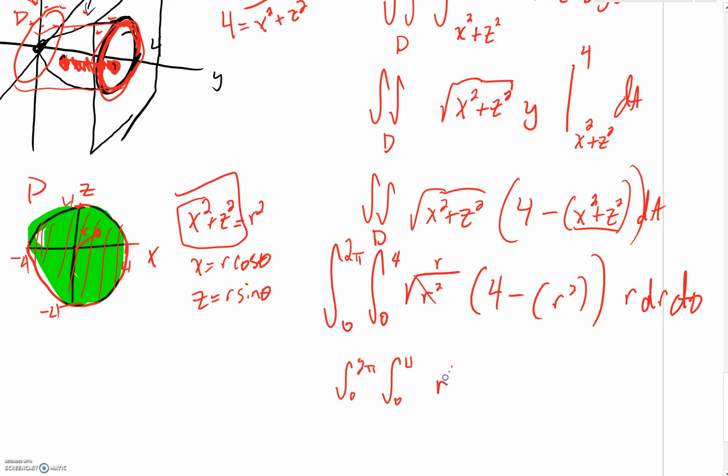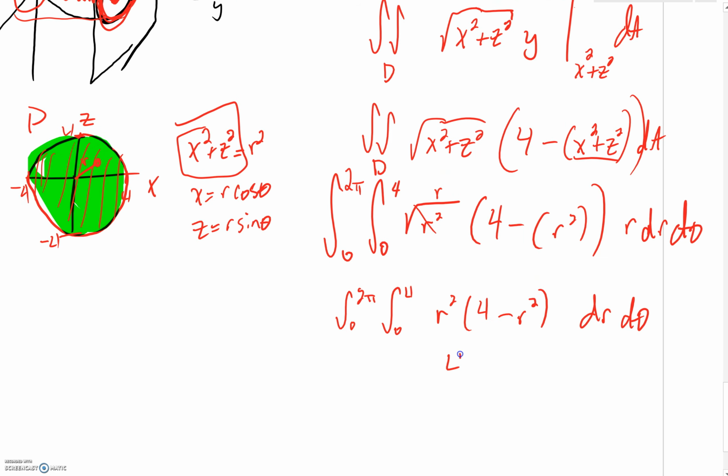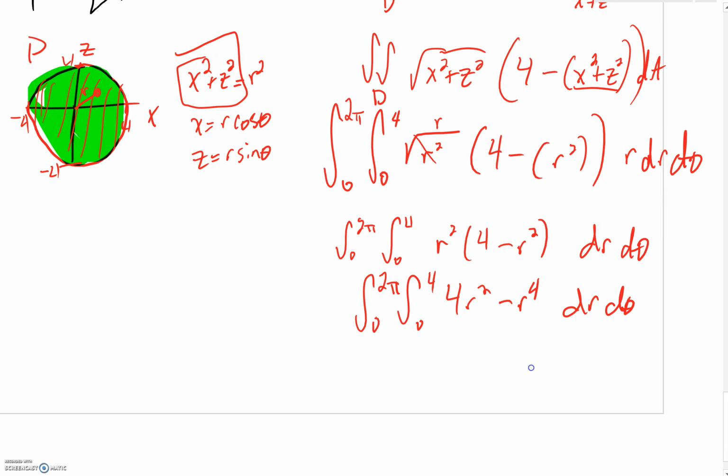We'll have really an r squared times a 4 minus r squared right here. And just as we're cleaning this up, so we have a 4r squared minus r to the 4th. And then we just have to get this thing cleaned up. Taking our antiderivative, we'll get 4/3 r cubed minus r to the 5th over 5.